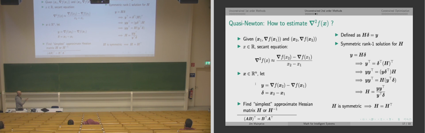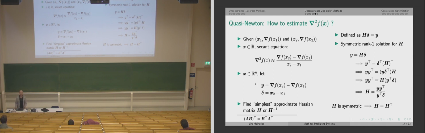So we apply it a first time. This thing here is just a scalar, so we shuffle it and put it on the other side. And from this line to this line, we multiplied by y on each side. And then this thing is just a scalar, so we put it on the other side, and then we divide that outer product of y by the scalar thing. What this ends up being is a symmetric rank 1 solution for H.